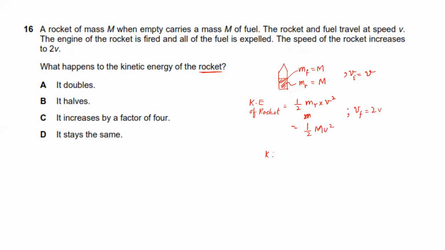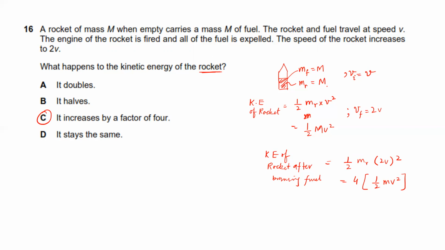Then kinetic energy of rocket after burning fuel will again be half m times (2v) square, and this is 4 times half m v square. So what happens to the kinetic energy of the rocket? It increases by a factor of 4. Answer C is the right answer.